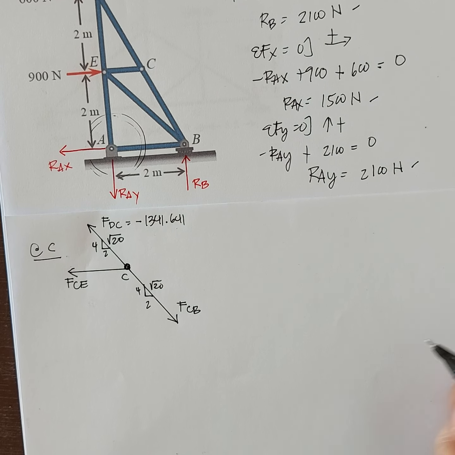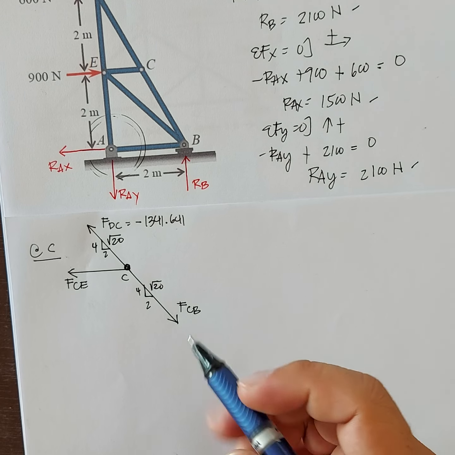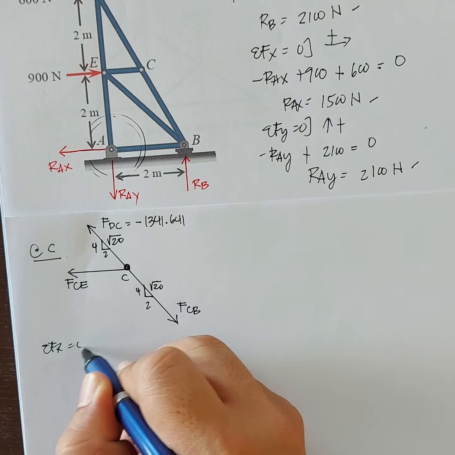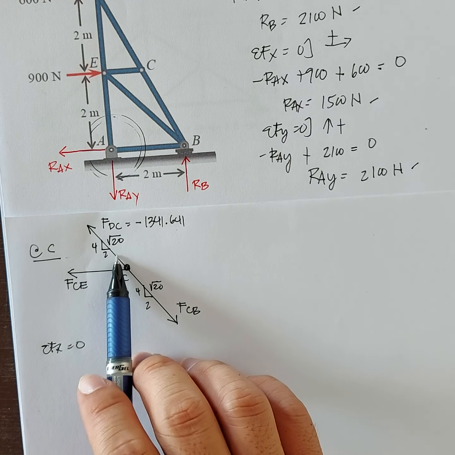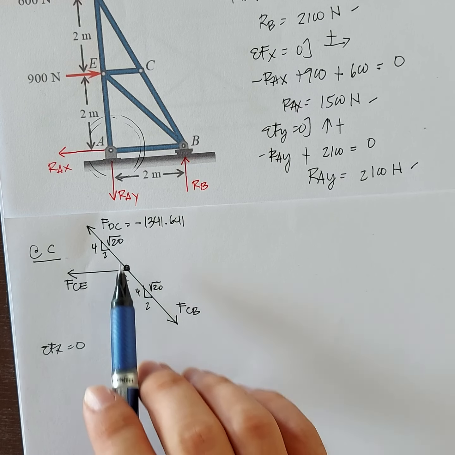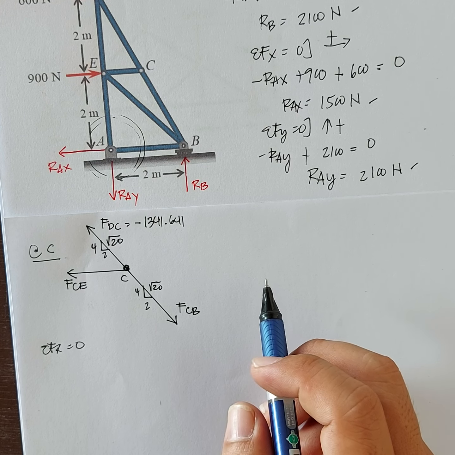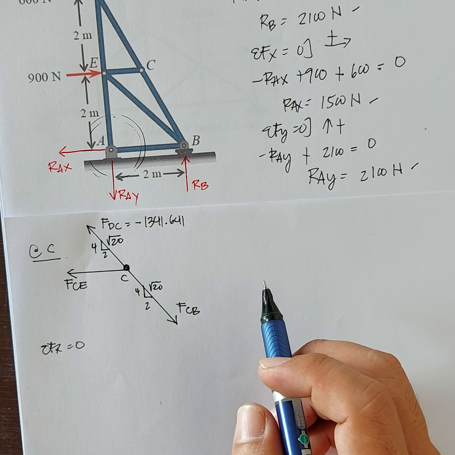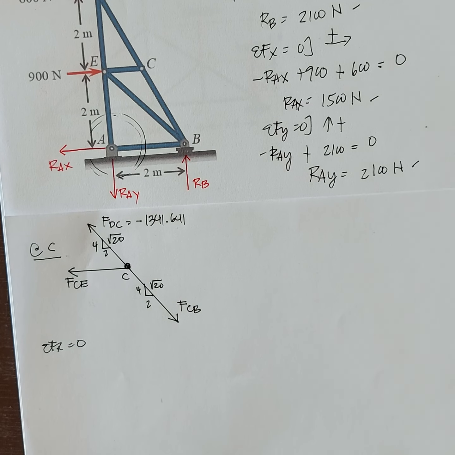Okay. So at joint C, summation of forces along X is equal to 0. So, ano yung mga forces? Yung horizontal components nito. Tapos yung FCE. Okay.